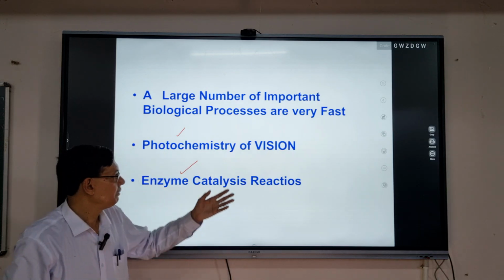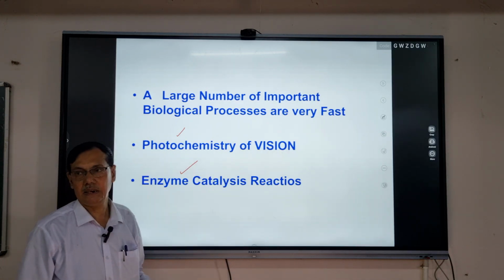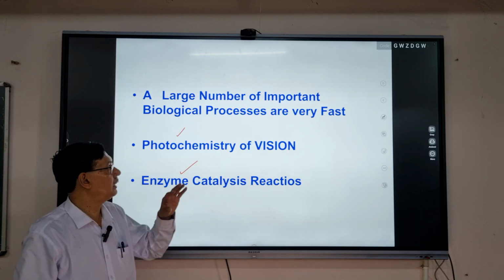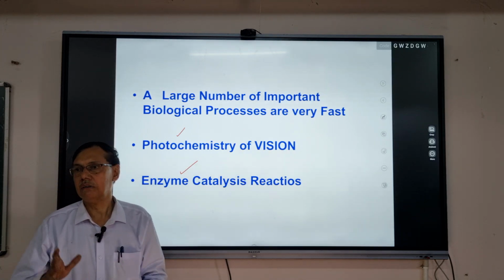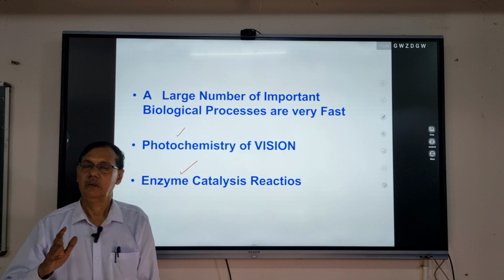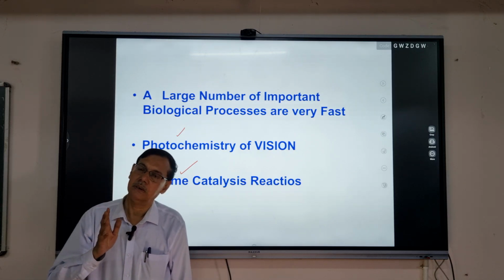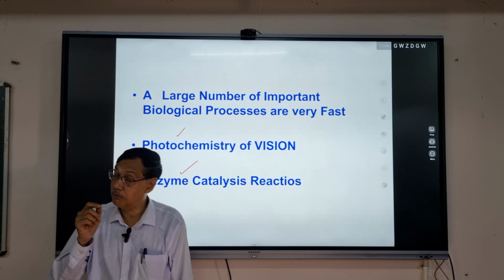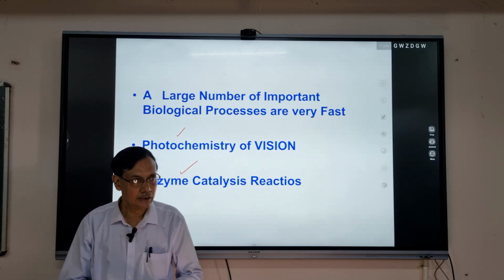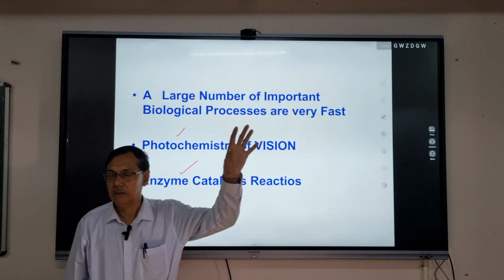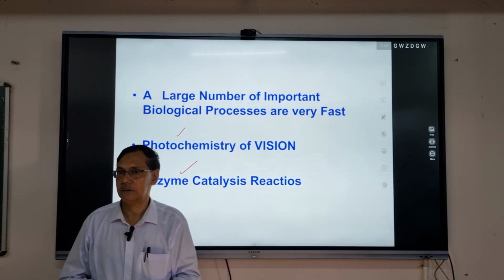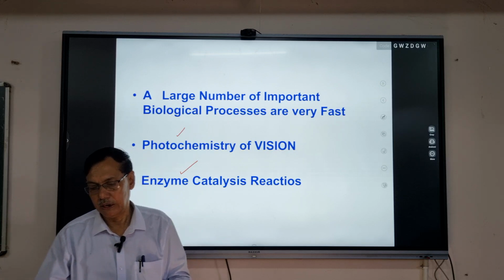We will not discuss the biological application, but you must know that most biological reactions are fast reactions. Therefore, a large number of scientists are working on biological reactions with the help of fast reaction techniques. Second, most environmental reactions are also very fast. So therefore, you need some very good techniques.